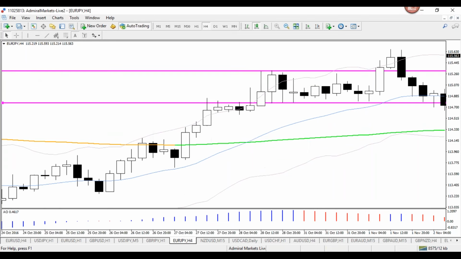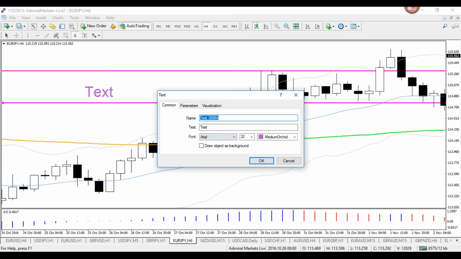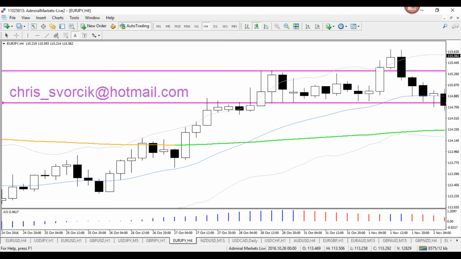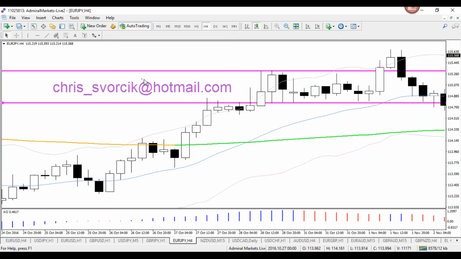Let me add a text box here. Anyone interested in materials regarding candlesticks and time factor. All right, I'm running a bit out of time here.